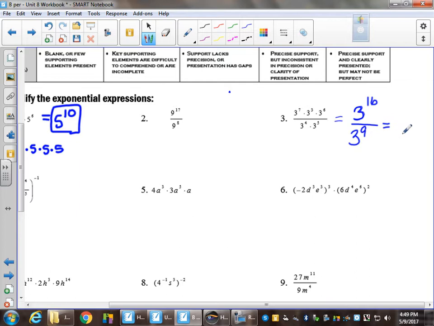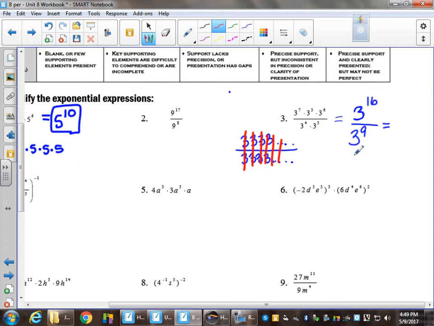From here, we subtract the powers, because literally, if I were to draw or write 16 of these, and then divided by 9, I don't want to write them all out, they're going to cancel. Some of them will cancel because anything divided by itself equals 1. So 3 divided by 3 is 1, 3 divided by 3 is 1, and that's going to keep happening, right?